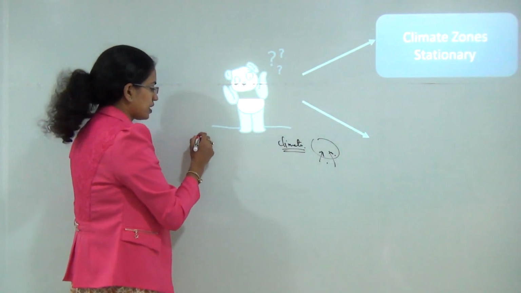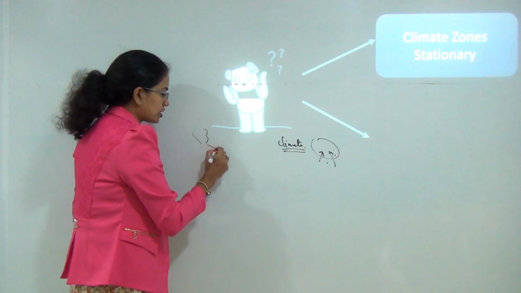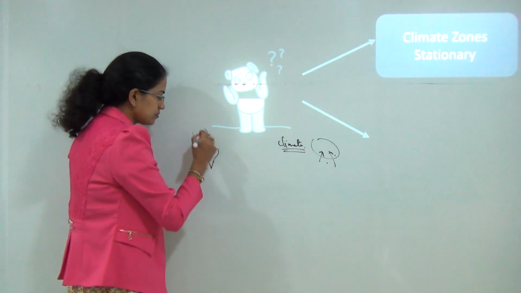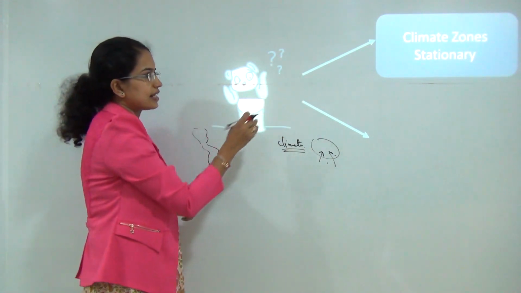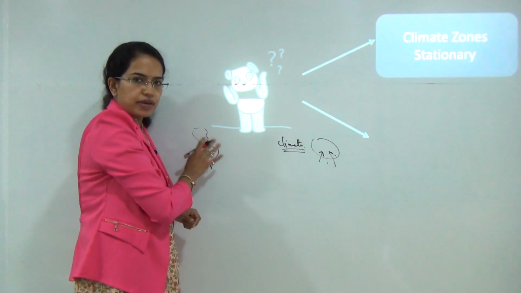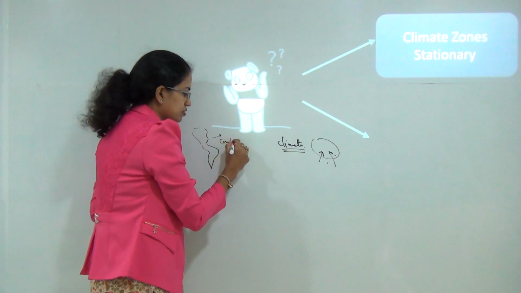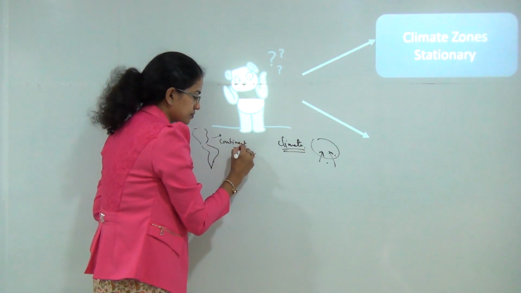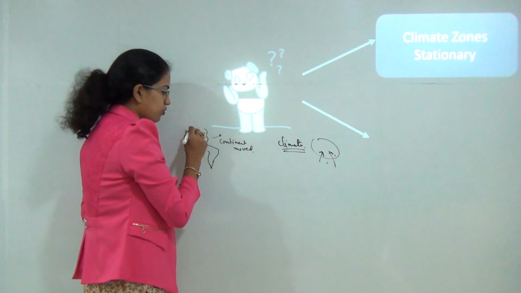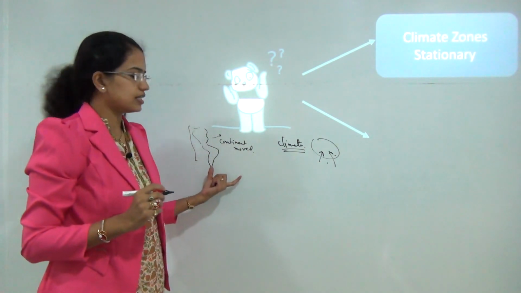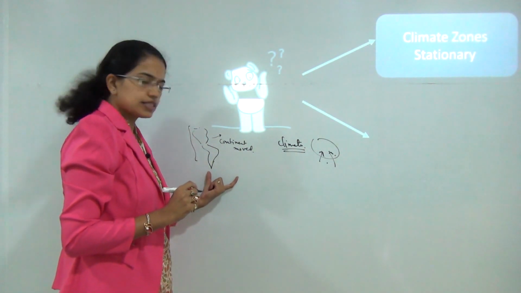That means if I talk about the North American landmass, I could say that the climatic zone of this region remained stationary, but this continent itself moved. As a result, over time there was a change in the climatic conditions found in this region.